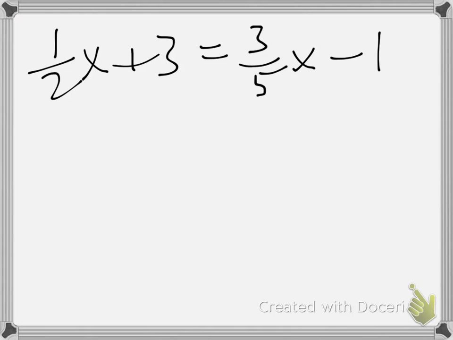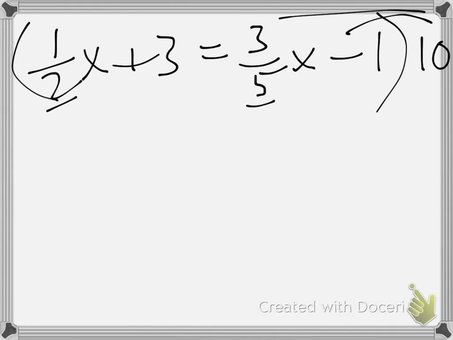So what I would do personally is multiply the entire equation by the least common denominator of 2 and 5, which is 10. I would multiply every single term in the equation by 10. It's just one big distributive property on steroids.